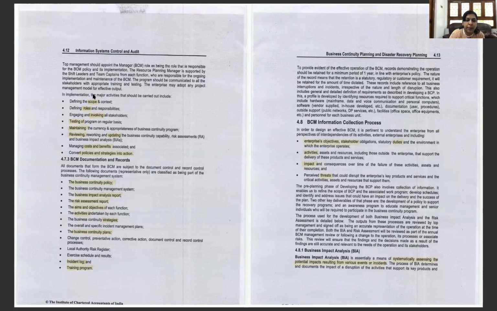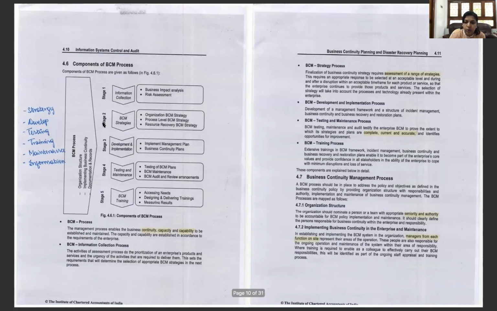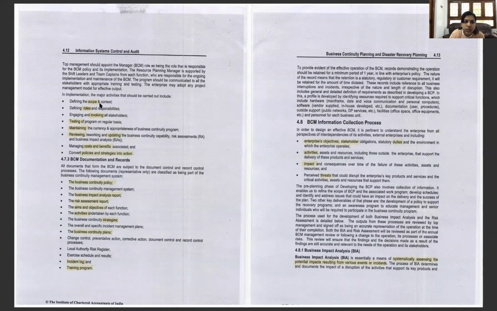In implementation, what are the major activities that should be carried out? Let us recollect what we have seen before. Scope. Roles and responsibilities, because the managers should be representing their functional areas and should also have a definition of roles and responsibilities. And then engaging and involving all stakeholders, because in bringing BCP into the business core values, the stakeholders should be benefited.